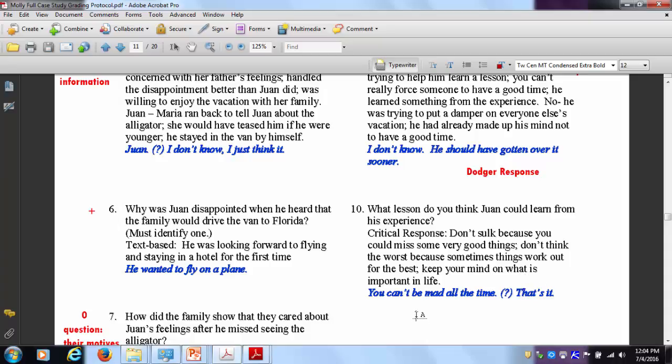And so even though he has a kernel of a lesson, he is not able to develop it with the teacher's probe. All right, so what do we give? Half credit. All right? Let me get this up a little bit higher so you can see it. So we're giving half credit there.